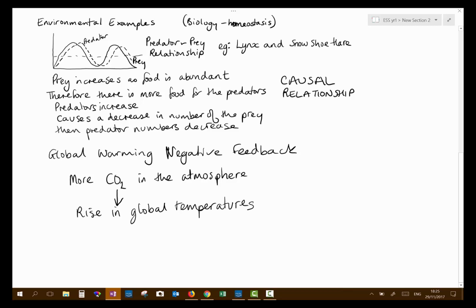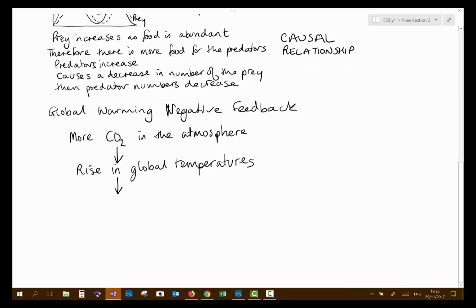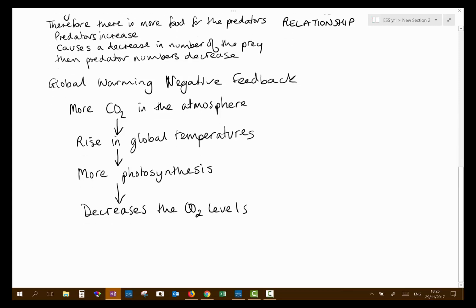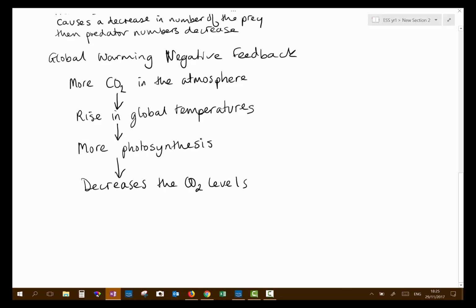Okay, now carbon dioxide is actually good for plants, and so what could happen is that more carbon dioxide leads to more photosynthesis. The photosynthesis in the plants is using up the carbon dioxide, and so decreases the carbon dioxide levels in the atmosphere, and then that leads to a decrease in global temperatures.